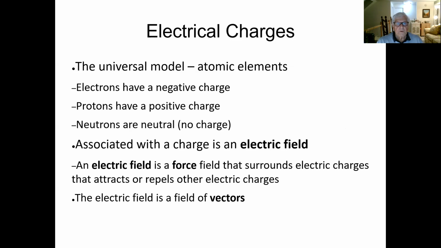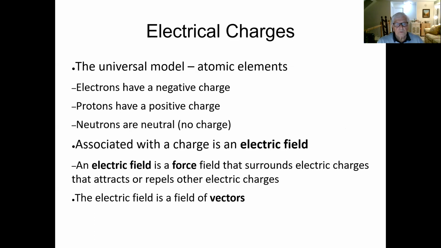But we start out with electrical charges, and the only two things that give us electrical charge are electrons and protons from an atom. Okay, and the electrons are the only things that are free to move around in the case of a metal.